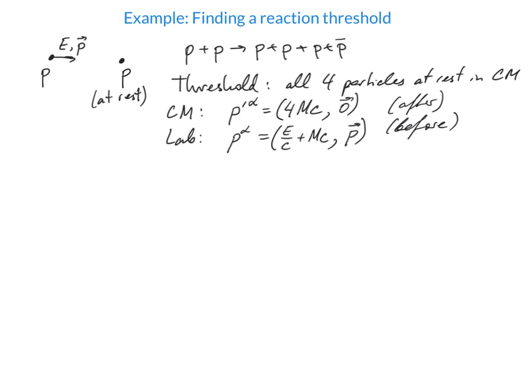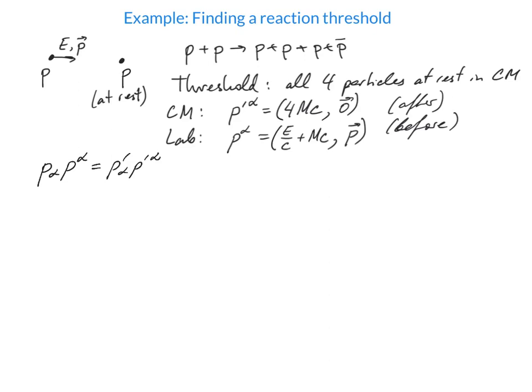Now p alpha and p prime alpha are different because they're measured in different reference frames. But what we can use is the fact that the contraction of p alpha with itself is frame independent. It's a scalar, so it has to be the same in any reference frame. So I can write it in the lab frame or in center of mass frame.